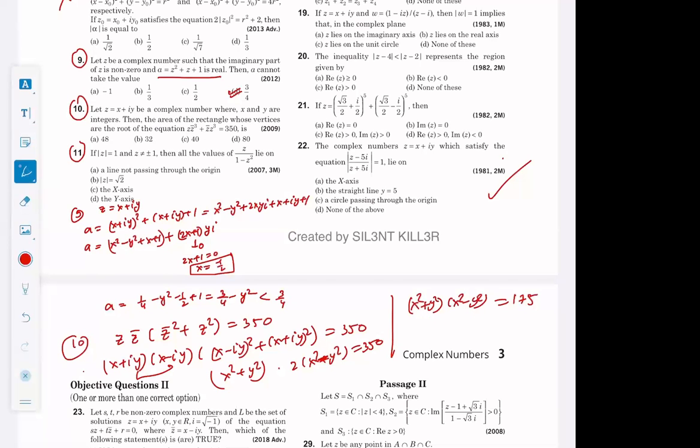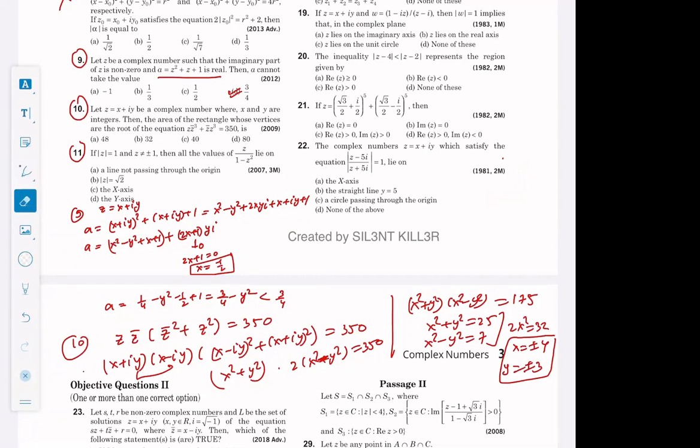If you add these two, you will get 2x square equal to 32, so x is equal to plus minus 4. If you put this value in the second equation, you will get y equal to plus minus 3. So ultimately we are getting the points plus minus 4, plus minus 3.